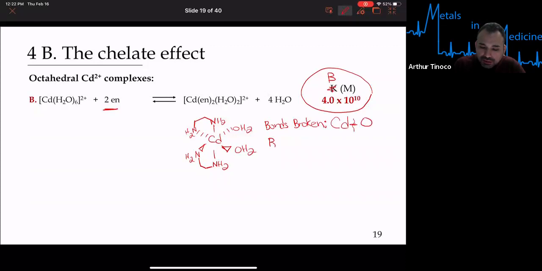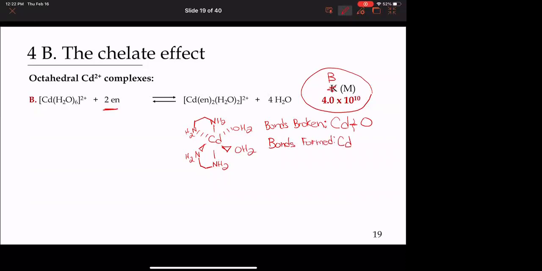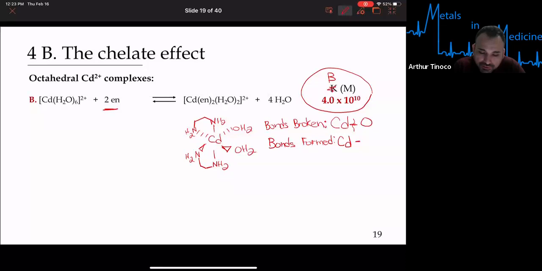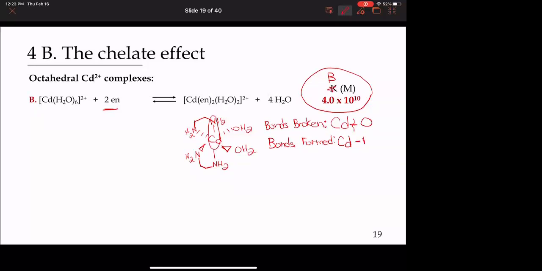And so then what are the bonds that are formed? You can see right here, for instance, you're forming these cadmium nitrogen bonds.